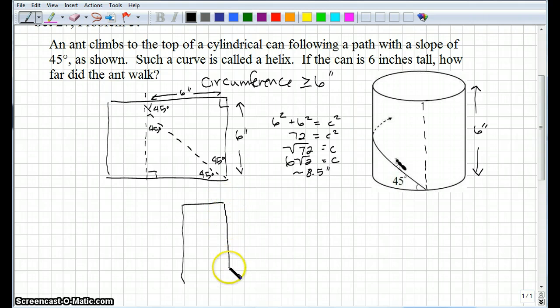The circumference in this case is less than 6 inches. This would be an awfully narrow can, but just to make a point, we'll make it nice and narrow like this. Again, we have the ant walking up at a 45-degree angle.